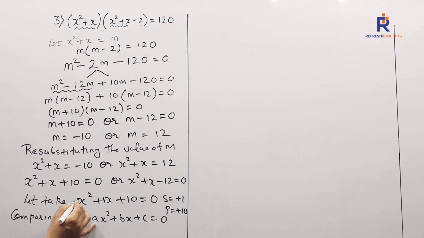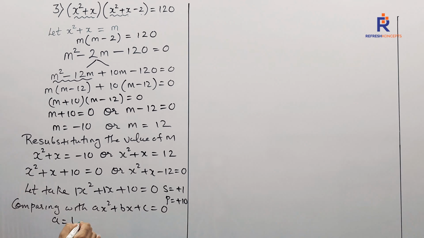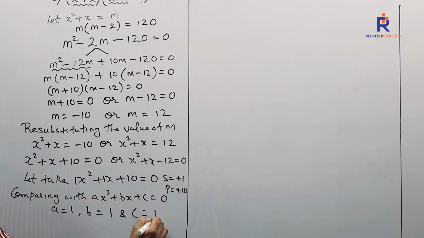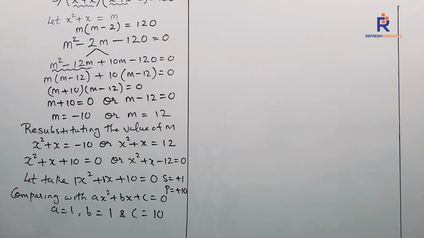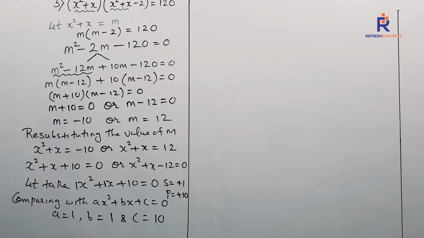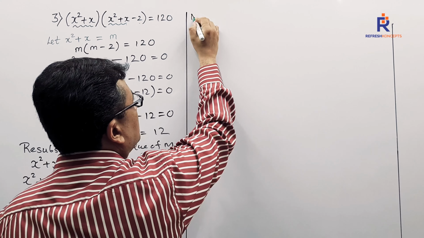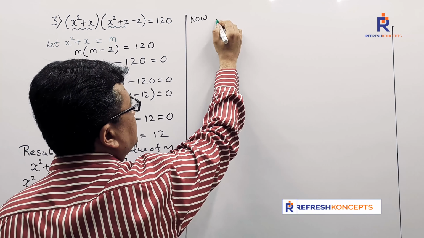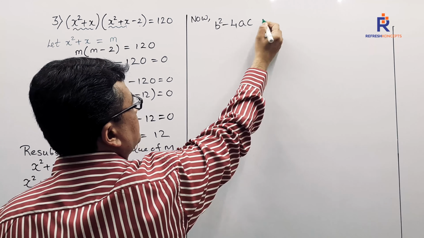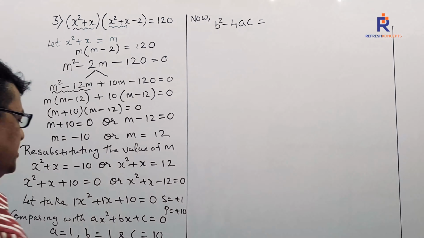My a turns out to be 1, my b turns out to be 1 and my c turns out to be 10. So we first find out what is b square minus 4ac. B square minus 4ac is equals to, what is b?